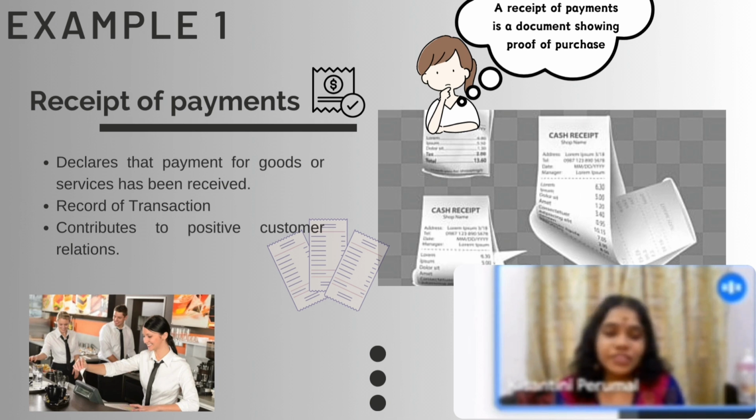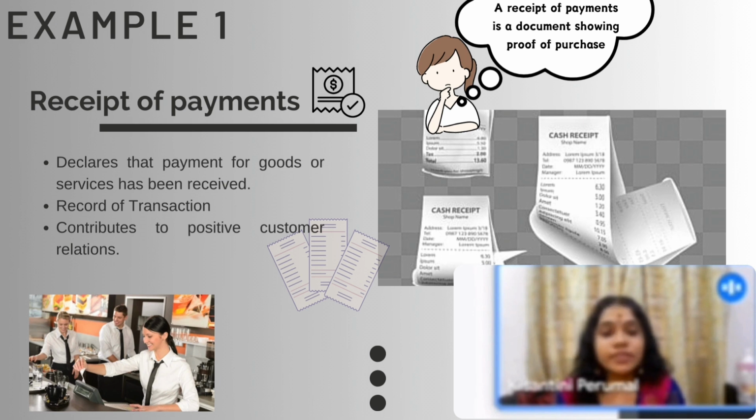Record of transaction. It serves as a formal record that indicates the fulfillment of a financial deal. For example, important information is recorded on the receipt, including the date of payment, the amount paid, the mode of payment, and any applicable reference number or invoice.